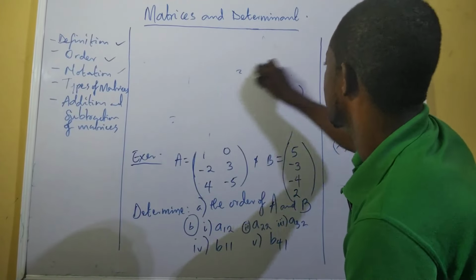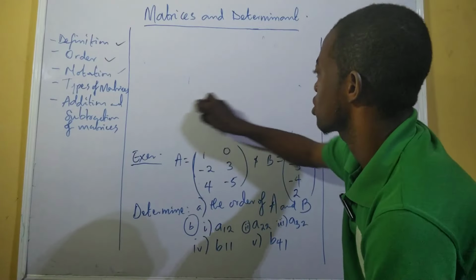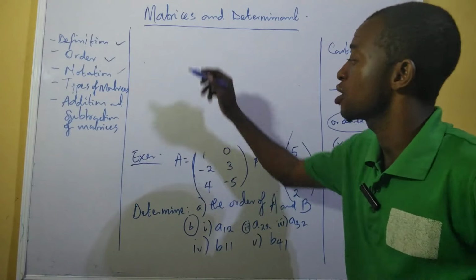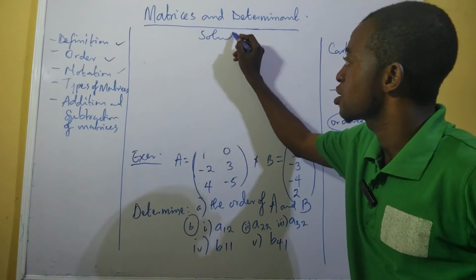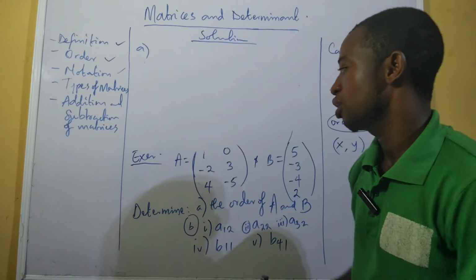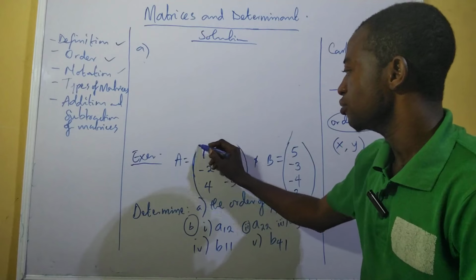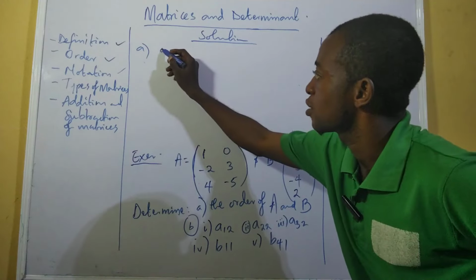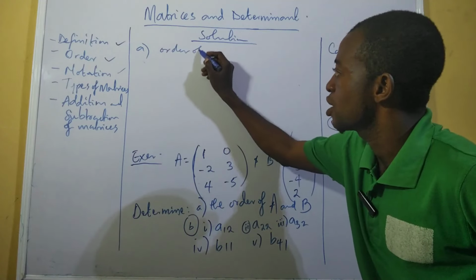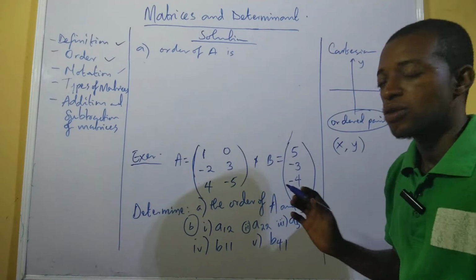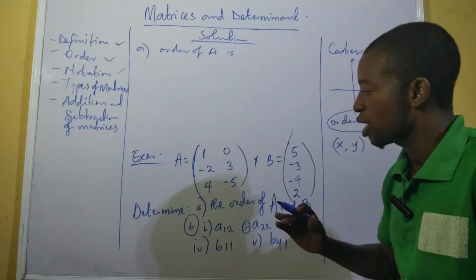When we look at this problem given to us, we easily determine the order since we know the meaning of the order of a matrix. So for the first question, we have the order of matrix A. Order of A is what? For order, the row comes first. How many rows?